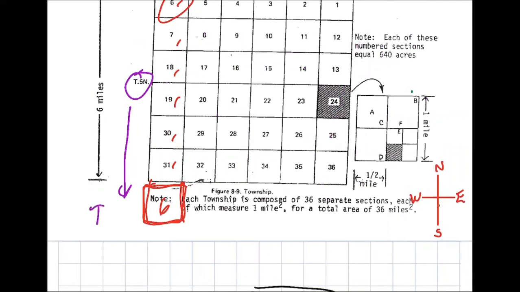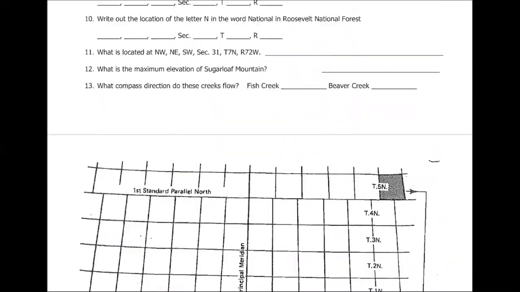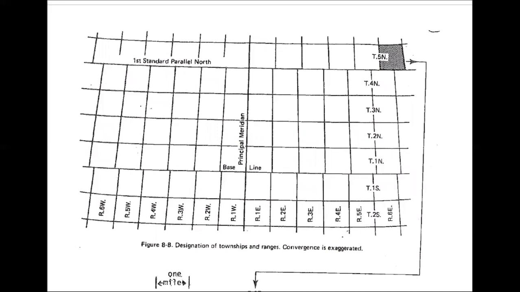We're going further south, but we're already north. So if you look at this, we were T5N. We went down to this guy right here. So we actually dropped to 4N in this case. That's because we were already north.